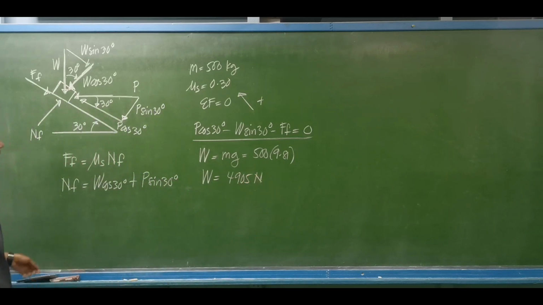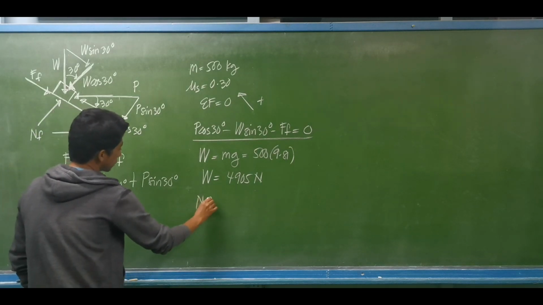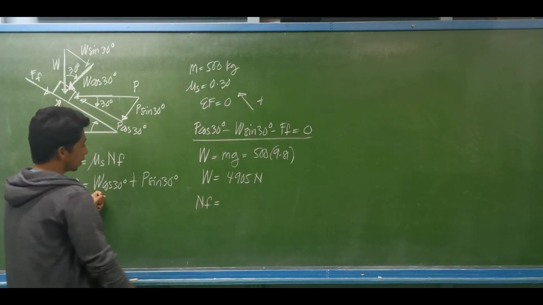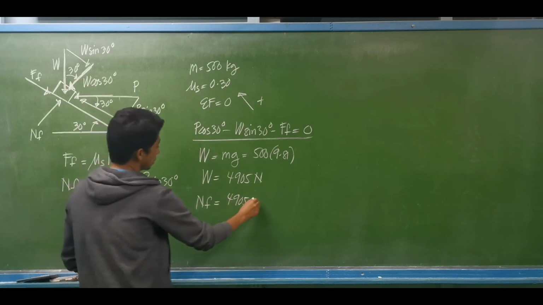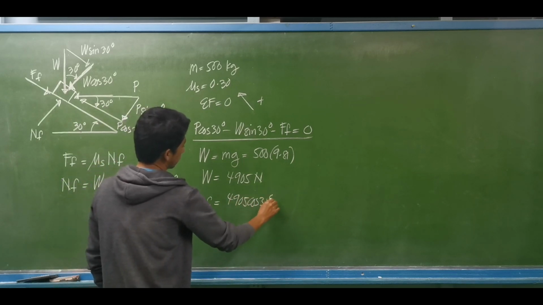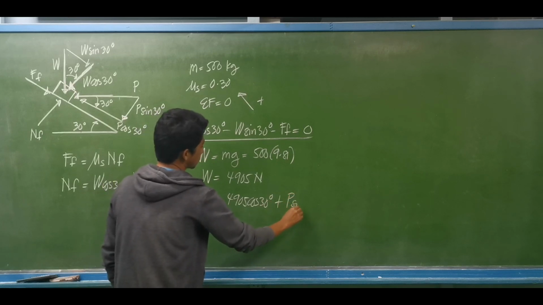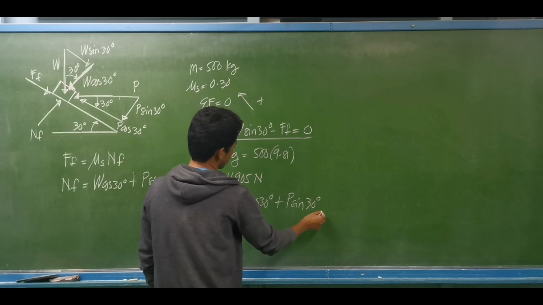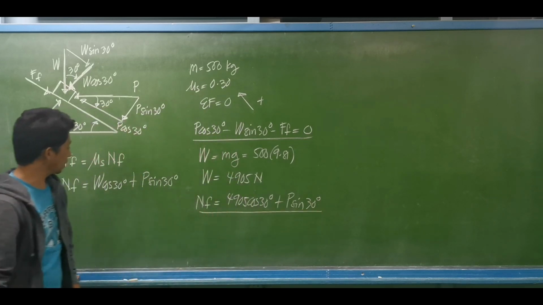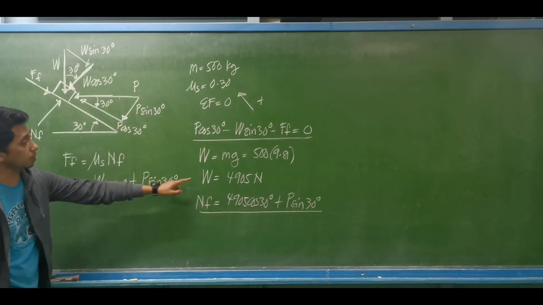What is the equivalent of our normal force? The normal force is equal to the weight, 4,905 newtons, cosine of 30 degrees plus the unknown P sine of 30 degrees. These are the equivalent of the normal force and the weight.